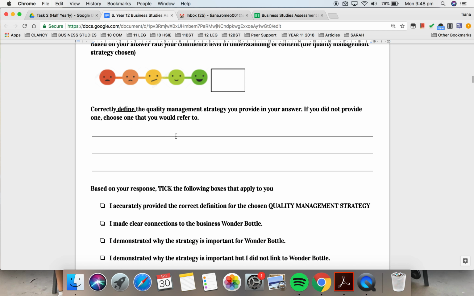Then I want you to correctly define the quality management strategy you provided in your answer. If you didn't provide an accurate quality management strategy, choose one now that you would refer to and define it. Okay, define what it is and how it works.